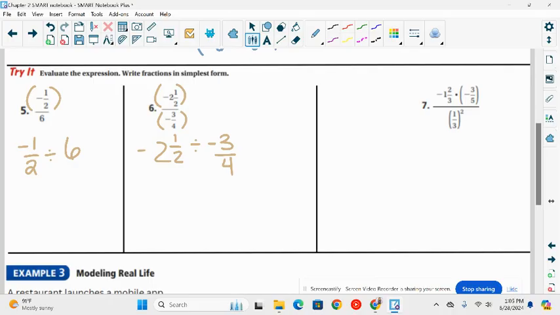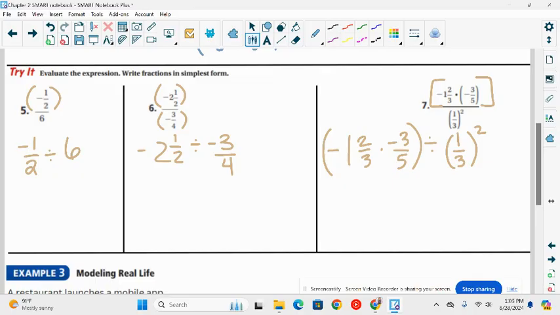All right, how would I do number 7? You would have a 3-step problem. Tell me what would go first. The top. All of this is going first, right? Negative 1 2/3 times negative 3/5, divided by 1/3 squared.